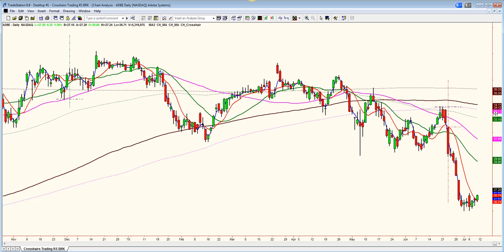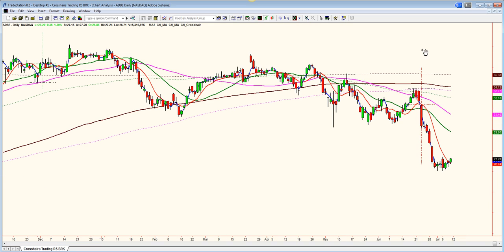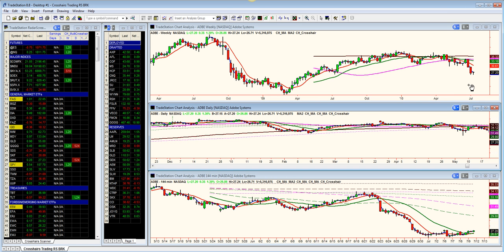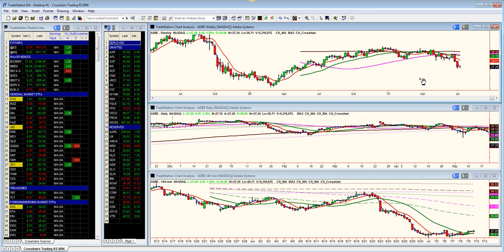Here it was on the daily chart. This is one that the Crosshairs traders were alerted to, and we discussed in the webinar as it was happening, and that was a high probability trade at that time. So none are deployed now, but these are the reserves, the drafted and the deployed.